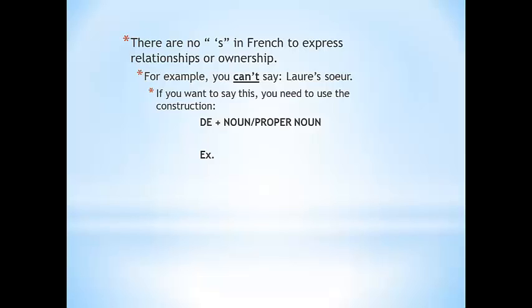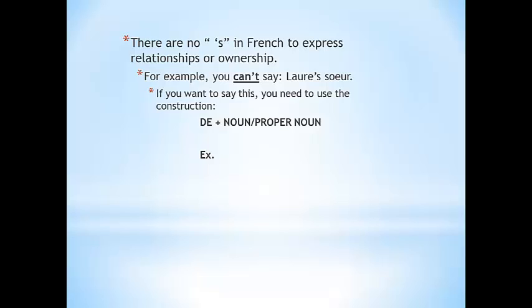It doesn't exist in French. Okay, they go the long way around. Okay, so they're going to say it's the sister of Laure. Okay, kind of cumbersome, but that's how it is. Okay, so you're going to use the construction de plus your noun or your proper noun.